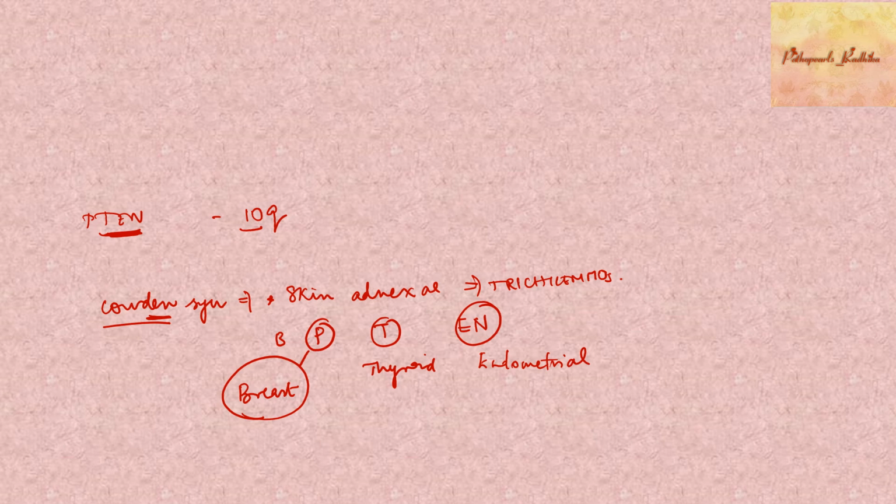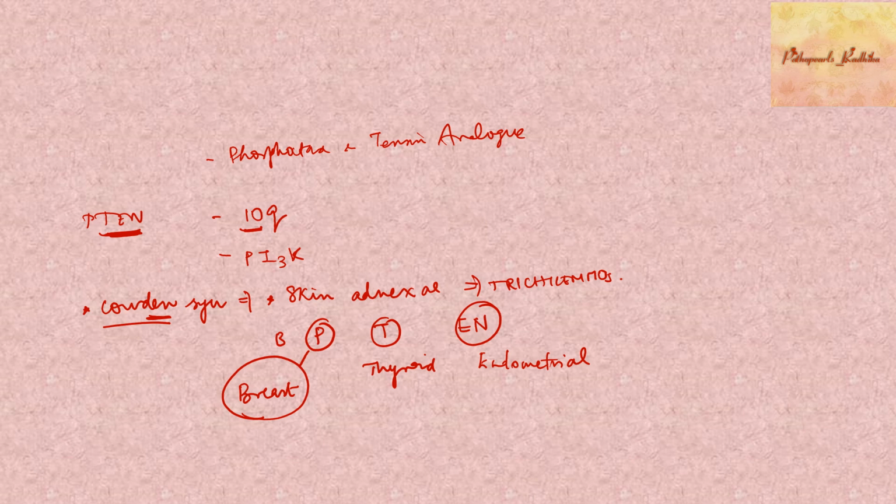To summarize, PTEN is phosphatase and tensin analog. It's located on chromosome 10q. It's a tumor suppressor gene, and I told you how it inhibits the development of tumor, by inhibiting the phosphatidylinositol 3 kinase pathway.